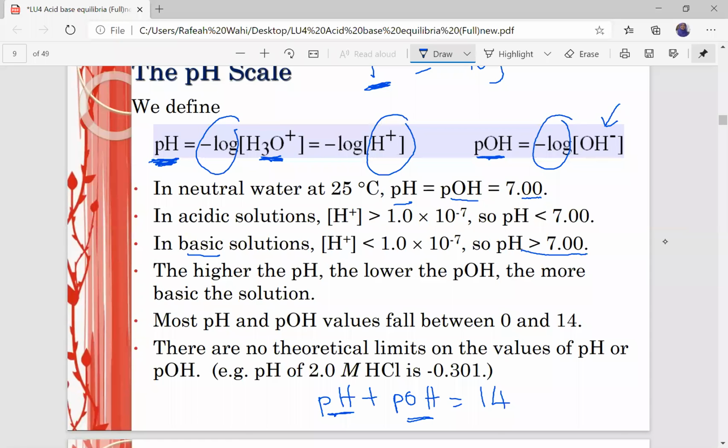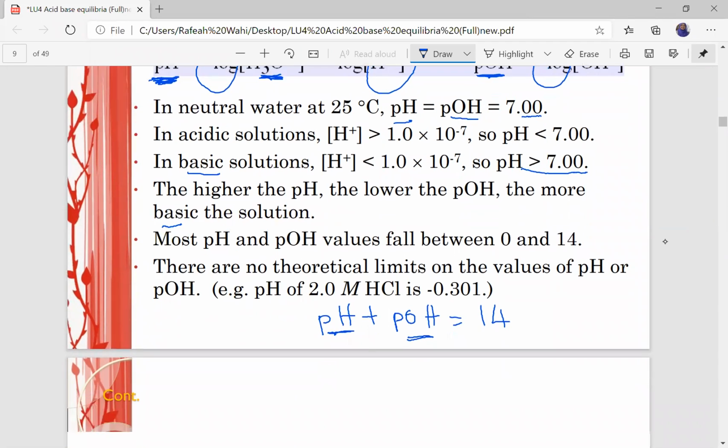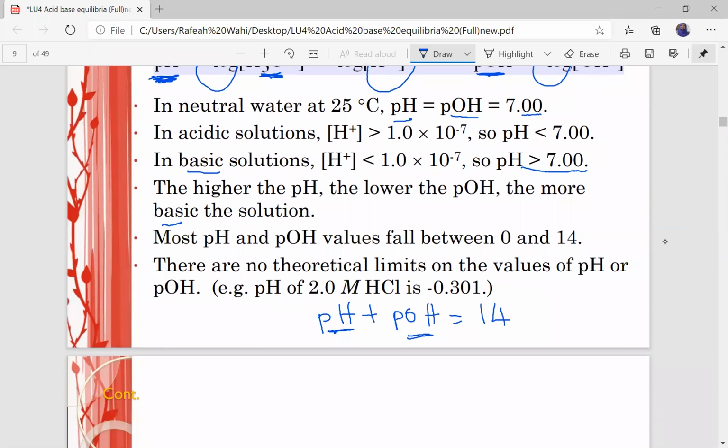Okay? The higher the pH, the lower the pOH, the more basic the solution. This is one example. The lower the pH, the higher the pOH, so the more acidic the solution. Normally, we always talk about pH, but pOH is the opposite of pH. Okay?